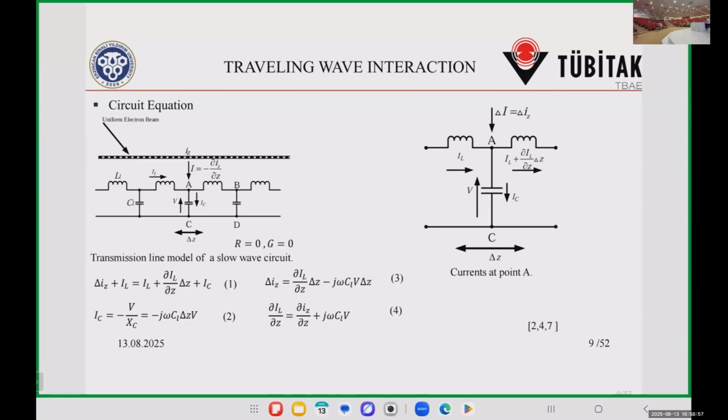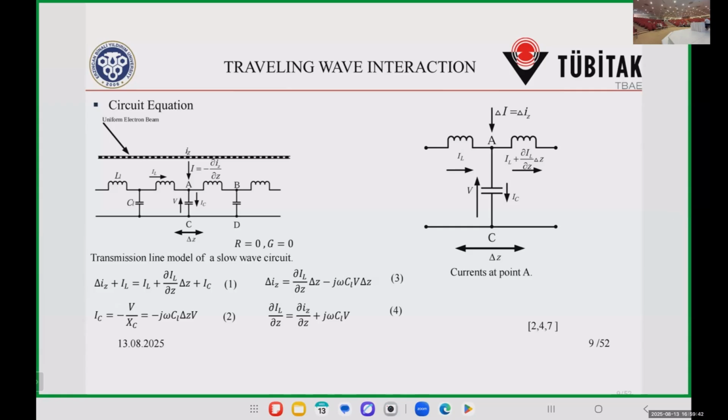After that, we can apply Kirchhoff's current law, for an incremental length delta z, we can write equation 1 here at point A. And we can write Ic, which means the current of the capacitance. So we can write it like this, minus V divided by the reactance of the capacitance.